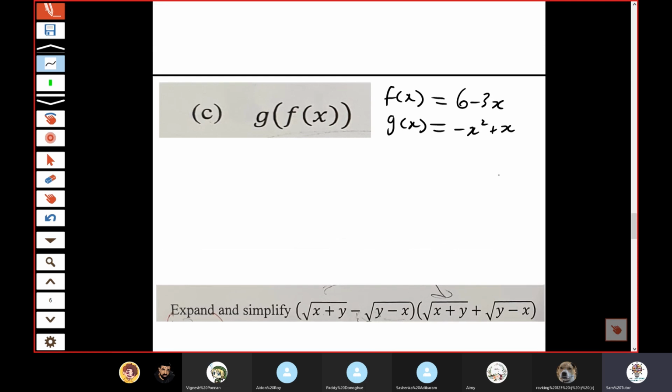Okay, again, just recall, what does this mean? g of 5. What would you do? Sub 5. Good. So we get it. What would you say then to g of f of x? Sub f of x into the g formula.